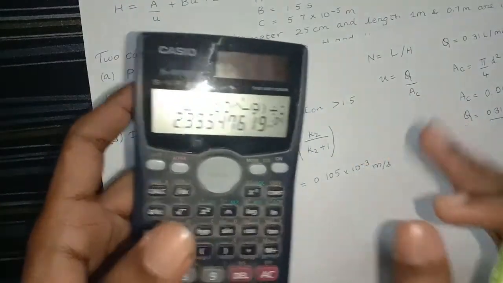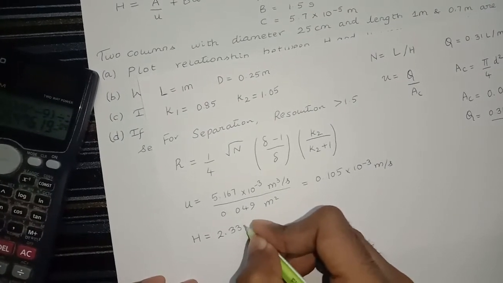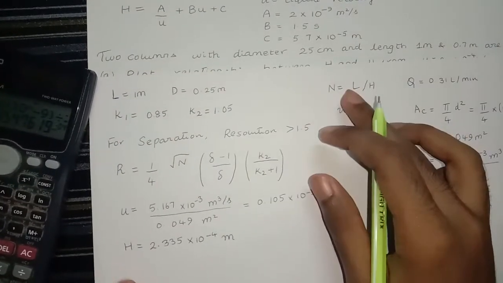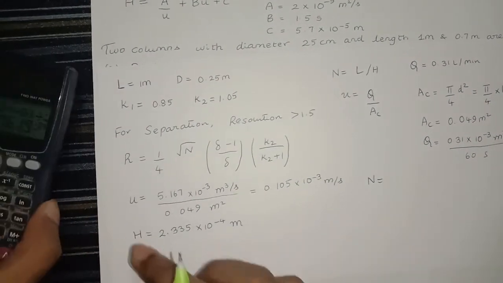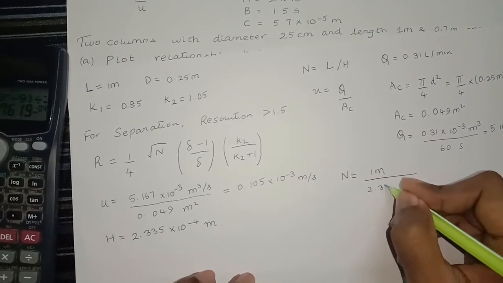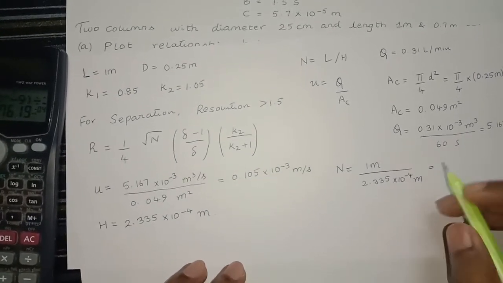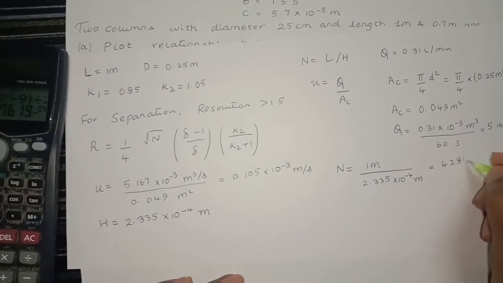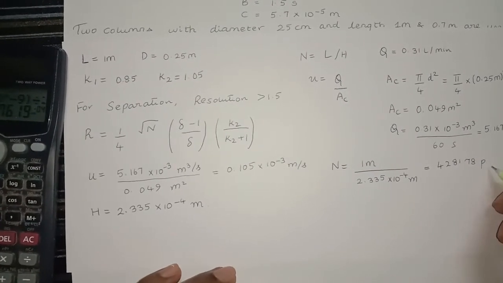This is the value of H at this liquid velocity. So we have the values of L and H. Let's find the number of plates in this column: 1 meter divided by 2.335 × 10^-4 meter. The number of plates is 4281.78.